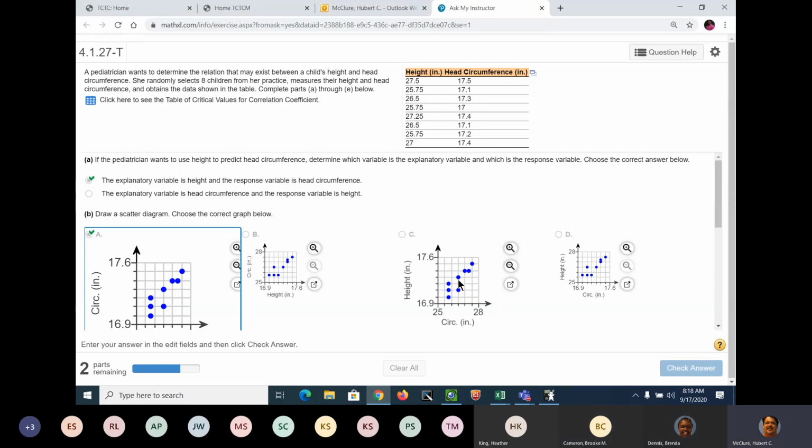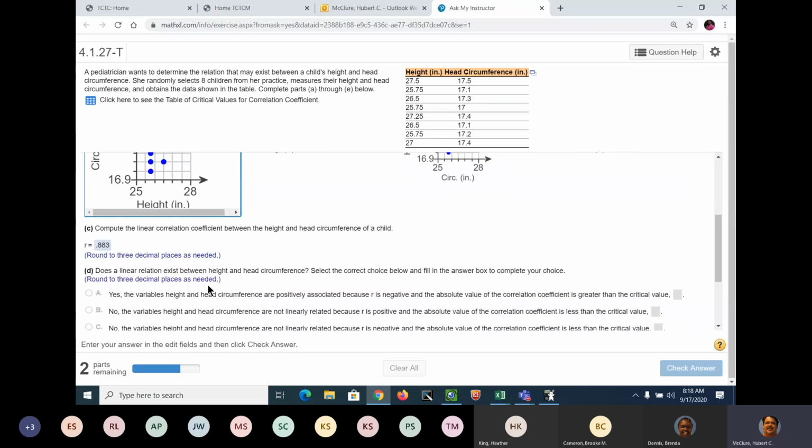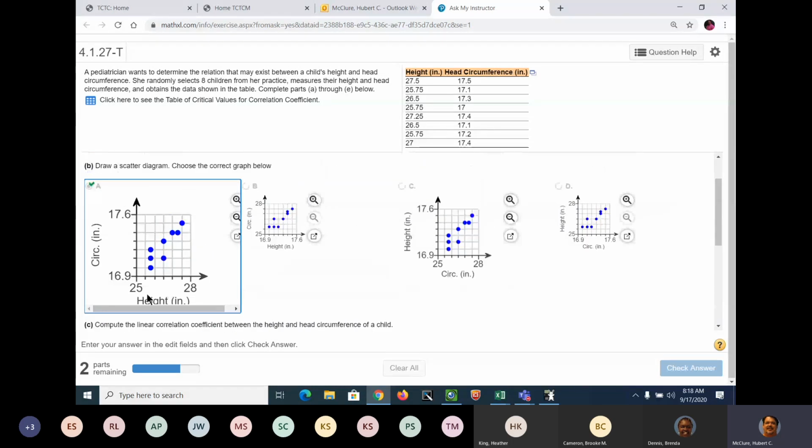The axes. Okay. I didn't even look. No, they're the same. The names of the axes. Oh, there it is. Thank you. The label. I wasn't even looking at the label. This is circumference. This is height. This is height. This is circumference.